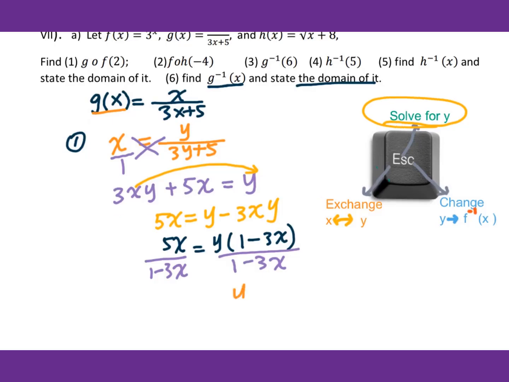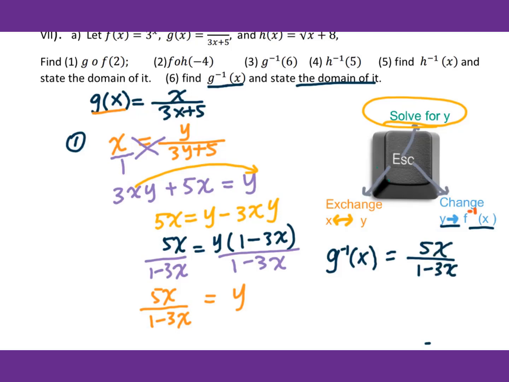So we get y equals 5x over 1 minus 3x. Final step, we change y into inverse symbol. Therefore, we got the inverse of g of x equals 5x over 1 minus 3x.